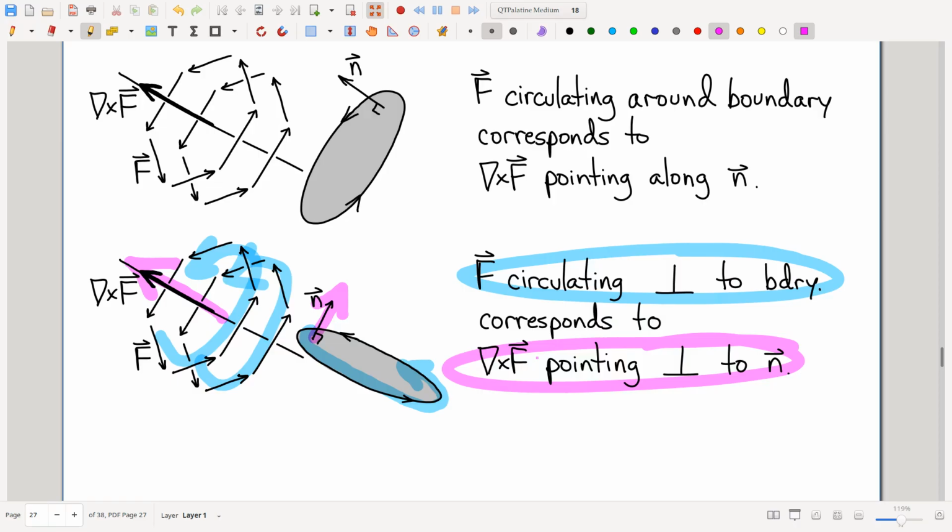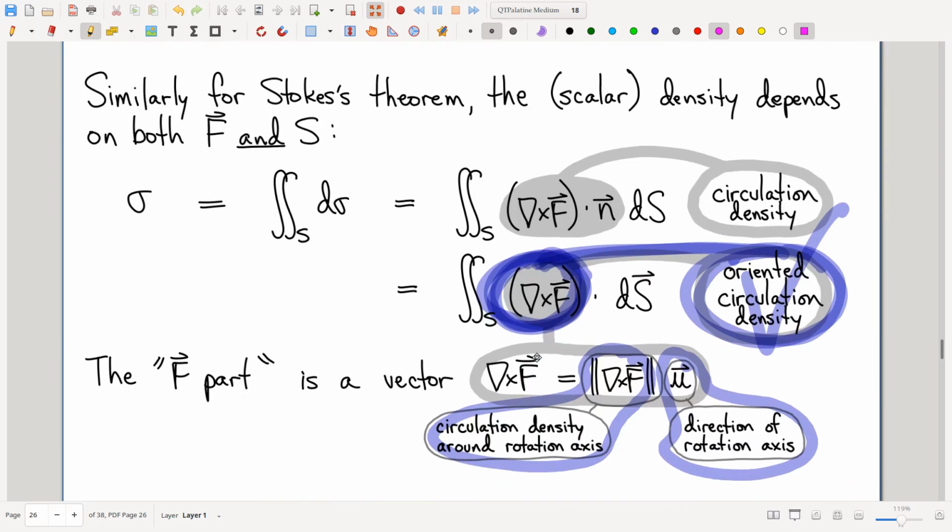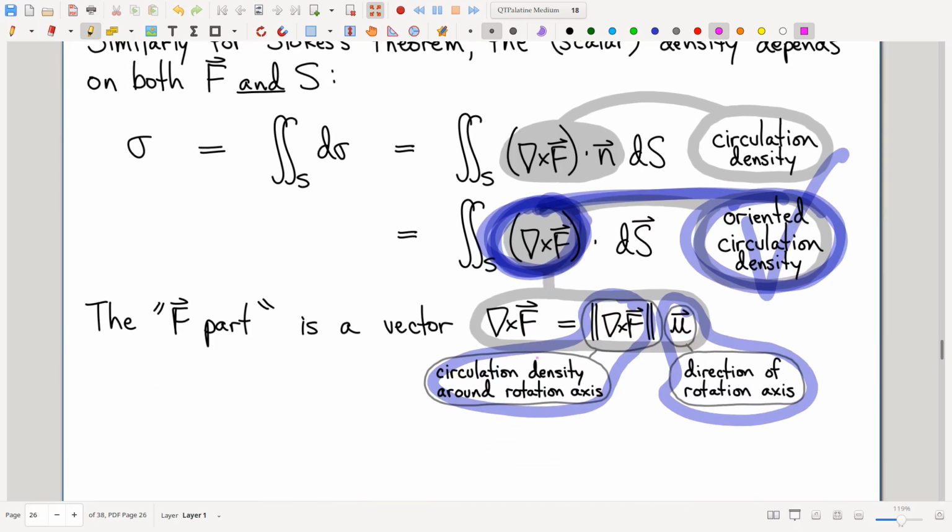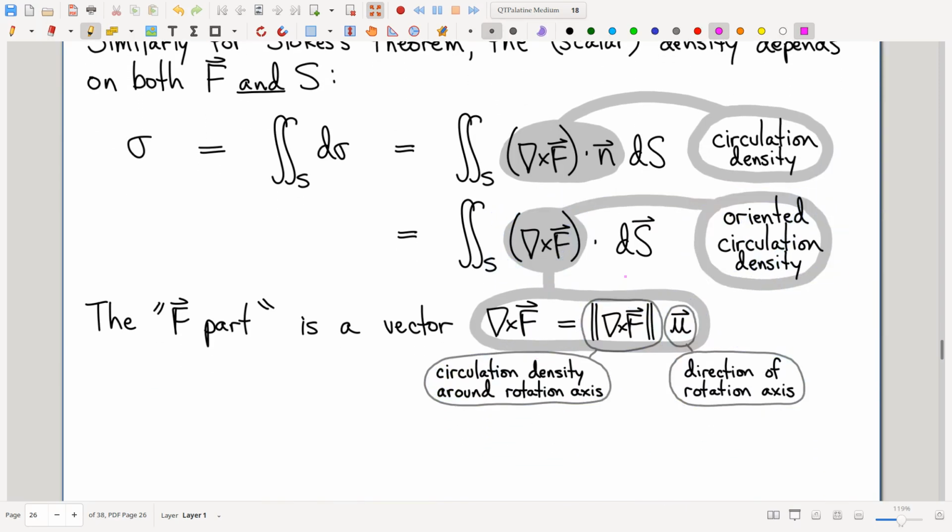So this is just a plausibility argument. This is just to give you some sense for how this expression, curl dot n, is effectively measuring this circulation density that we talked about.